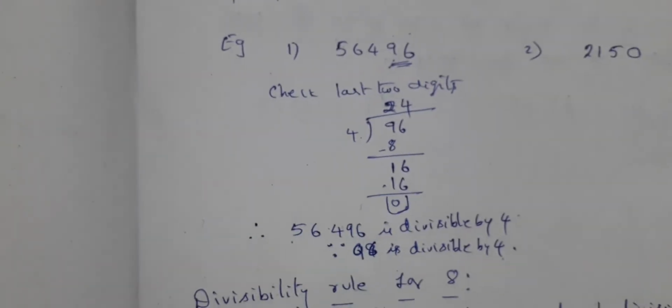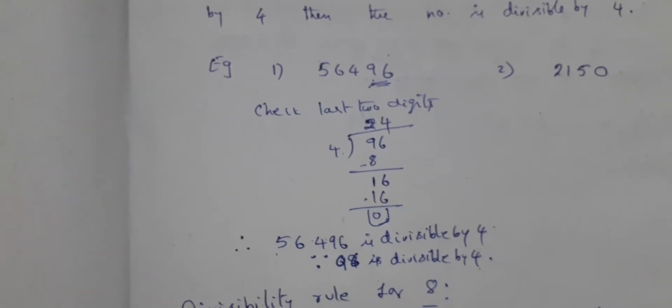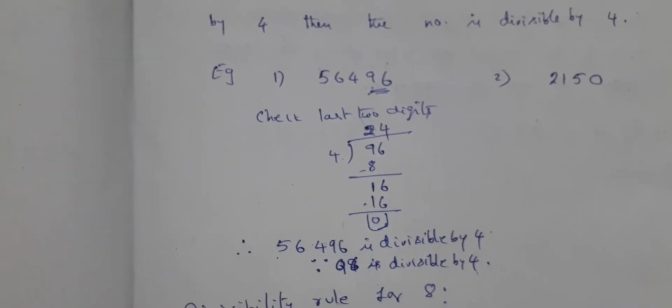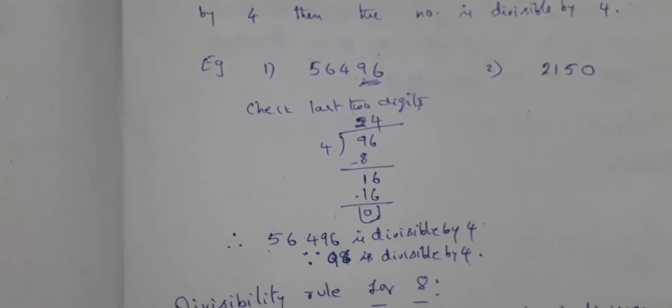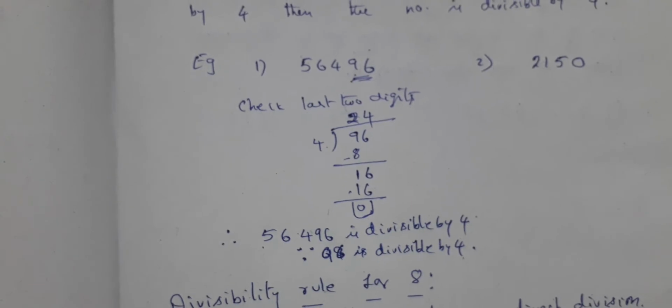So this is how you have to write the conclusion. Why is it divisible? How are you able to say that it is divisible by 4? We are able to say that it is divisible by 4 by checking the last 2 digits.